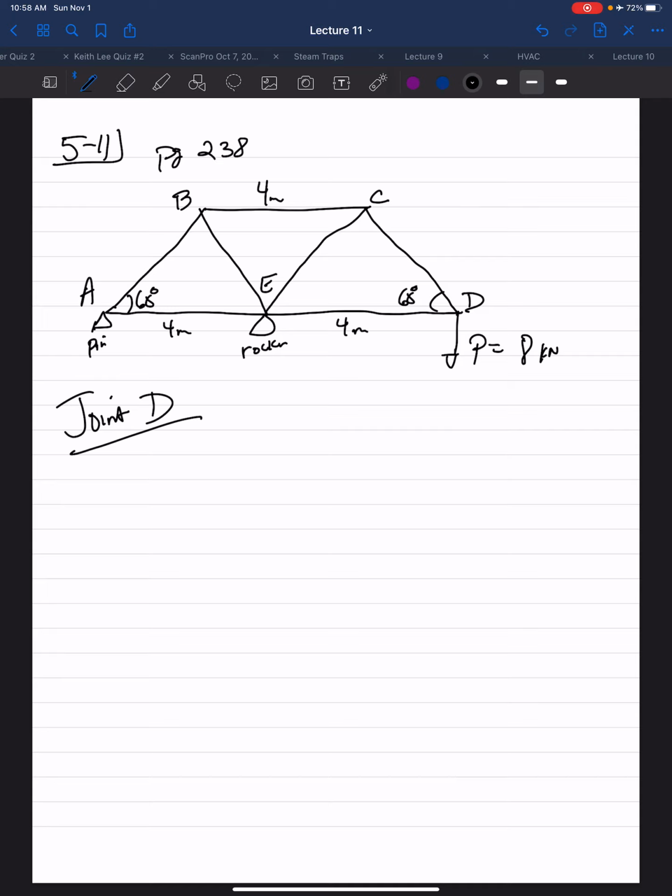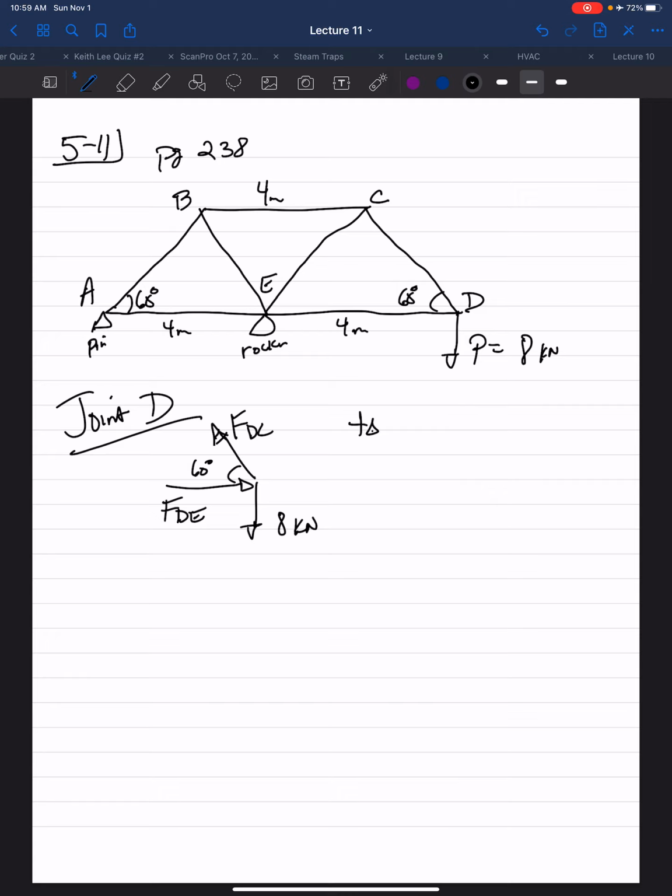All right, so at joint D, we have the 8 kilonewton force coming down, FDE, and we have FDC. Two unknowns, one known, and this angle is given to us at 60 degrees.